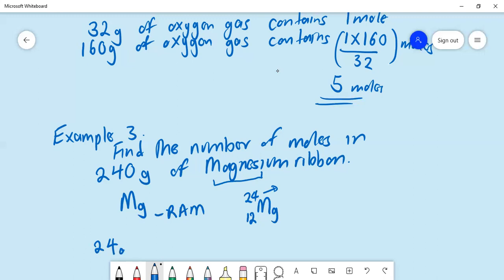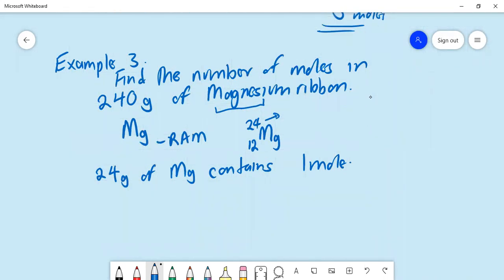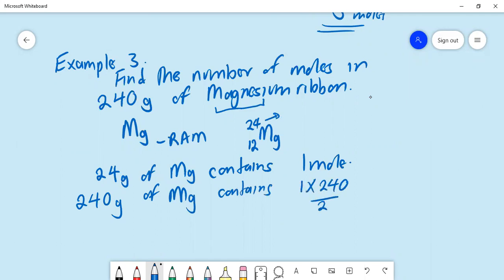So 24 grams of magnesium contains 1 mole. Are we there? Yes. What of the mass which is given? 240 grams of magnesium contains 1 times the 240 out of 24.